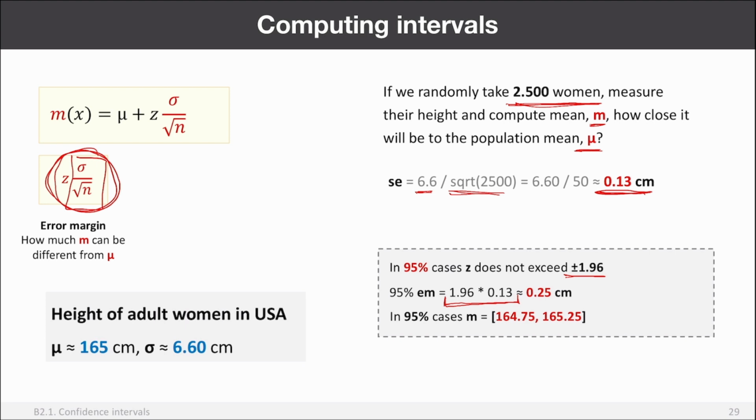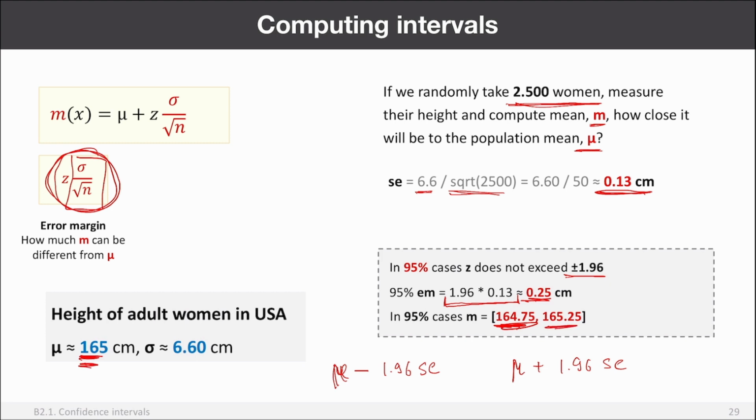And now we can compute the interval. How? On one side it will be mu minus 1.96 standard errors, and then on the right side it will be mu plus 1.96 standard errors, right? And that's exactly this one. So if you take 165 and subtract 0.25, you will get 164.75. If you take 165 and add this, you will get 165.25.